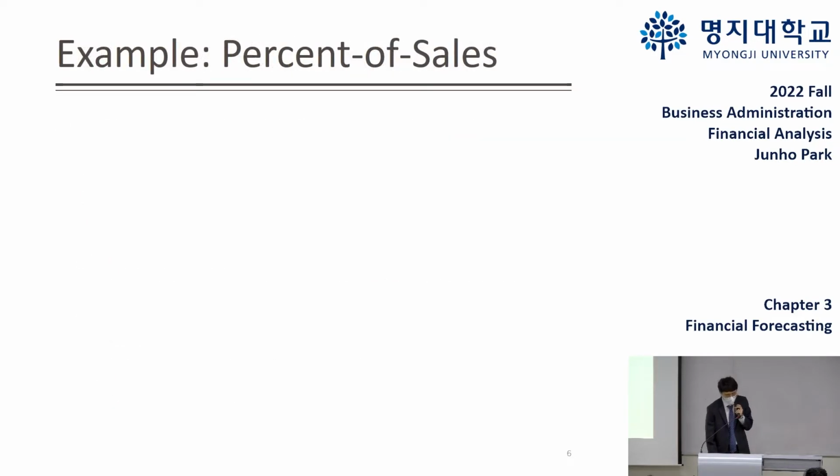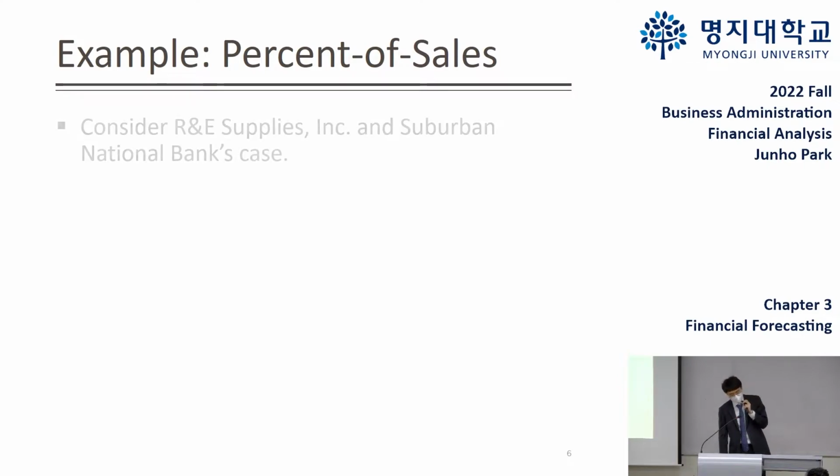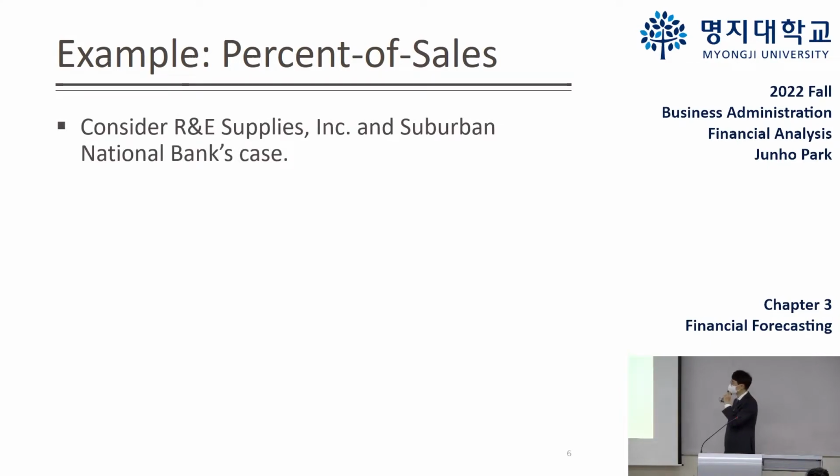Right, so the basic principle is very simple, but it is more difficult when you apply it to a real situation. So today I'm going to use the textbook case about R&E Supplies and Suburban National Bank.